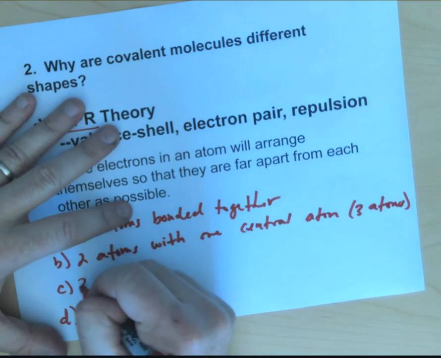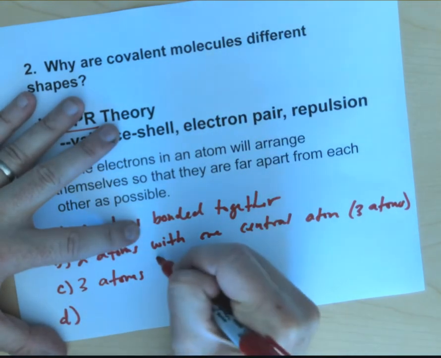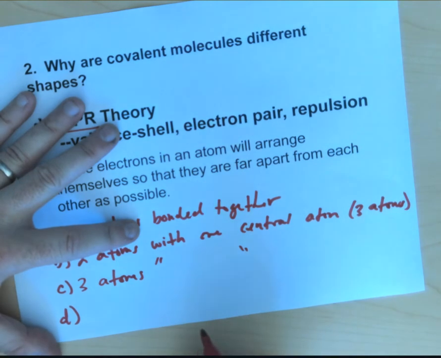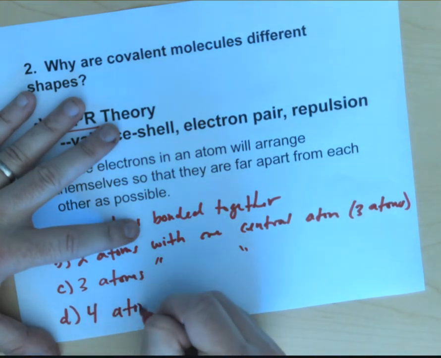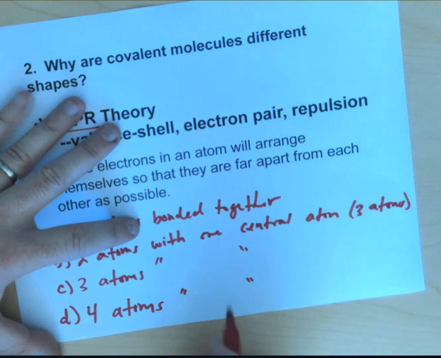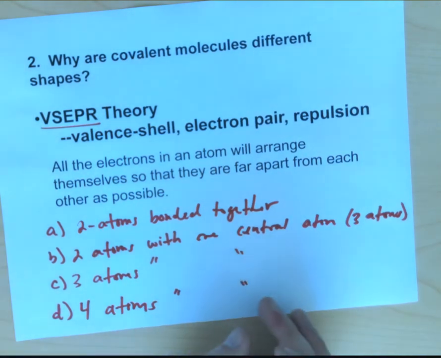The third is when we're going to have 3 atoms bonded to a central atom. And the fourth is when there are 4 atoms bonded to a central atom. Now, each of these different bonding situations is going to give us a different shape.